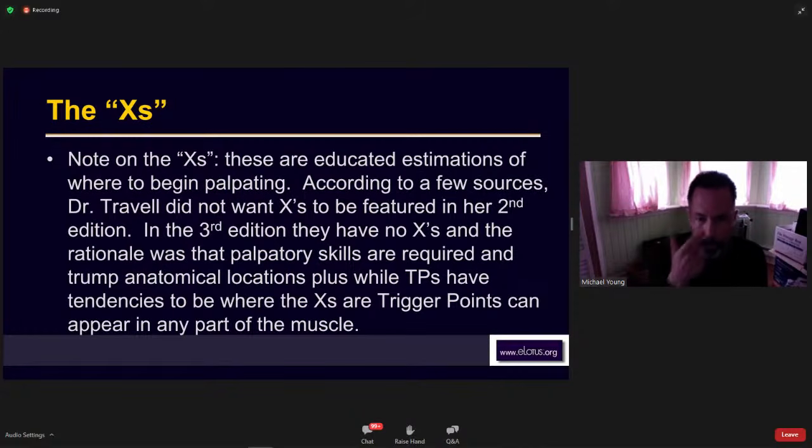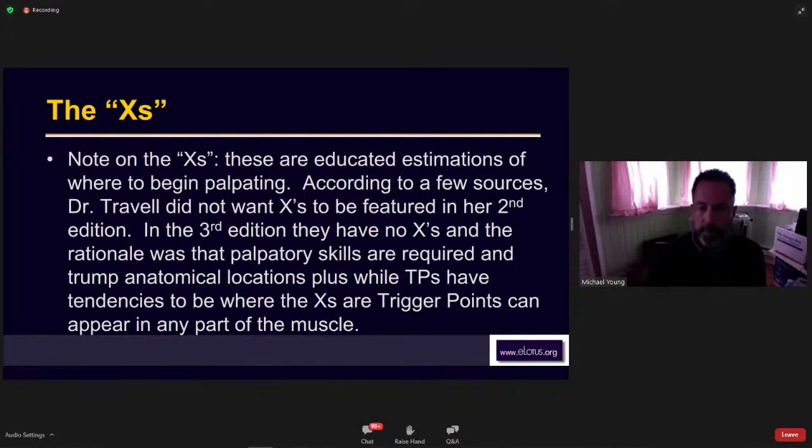So the X's in the diagrams we'll go over, I heard from a couple of sources that Dr. Travell didn't want the X's to be there, and that she wanted people to develop their palpatory skills. In the third edition, they don't have X's, and they basically say the trigger points can happen anywhere in the muscles. While I agree that's true, they do have a tendency to be where the X's are.